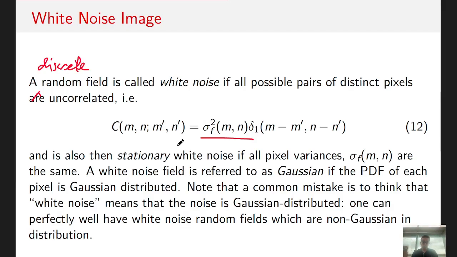And it is quite possible, in fact it is easy, to construct white noise images which are non-Gaussian. So please make sure you distinguish between the term a white noise image and a Gaussian white noise image, because the two are not necessarily equivalent.